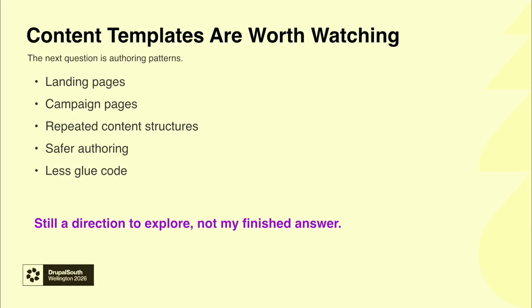If the content template can help package those authoring patterns, it may reduce glue code and make the site building experience smoother. As I said, I didn't spend time on that, but I do have a request from my team members to say, look, can I do some development work without writing any piece of code? That's actually a real request from my colleague.